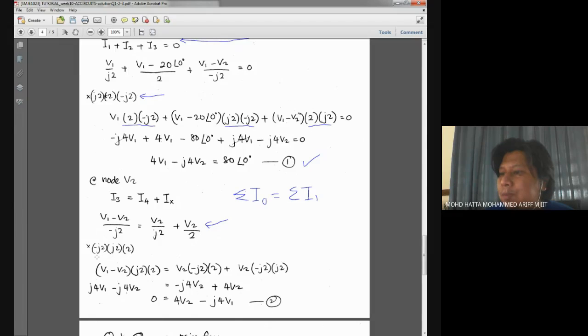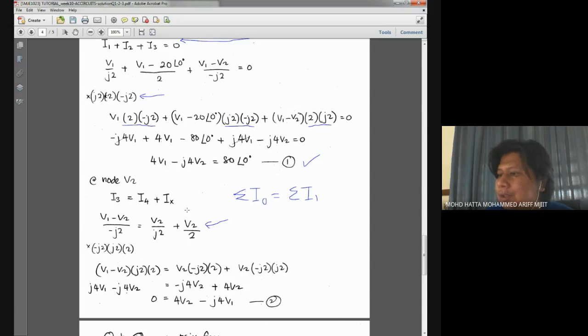I need to multiply with negative j2 times j2 times 2. In the next line, for V1 minus V2, I need to multiply with j2 and 2. The second term, V2, needs to be multiplied with negative j2 and 2.